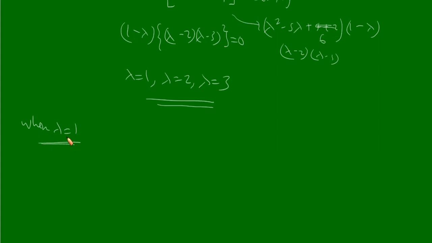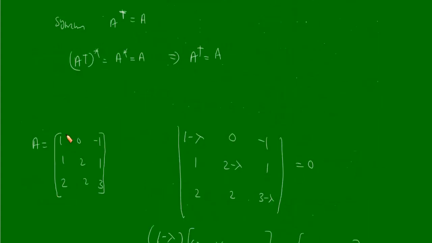Now when lambda is equal to 1, our eigenvalue equation will be 1 minus 1, this will be 0, 0 minus 1, 1, 2 minus 1, so this will be 1, 1, then 2, 2, 3 minus 1 will be 2.